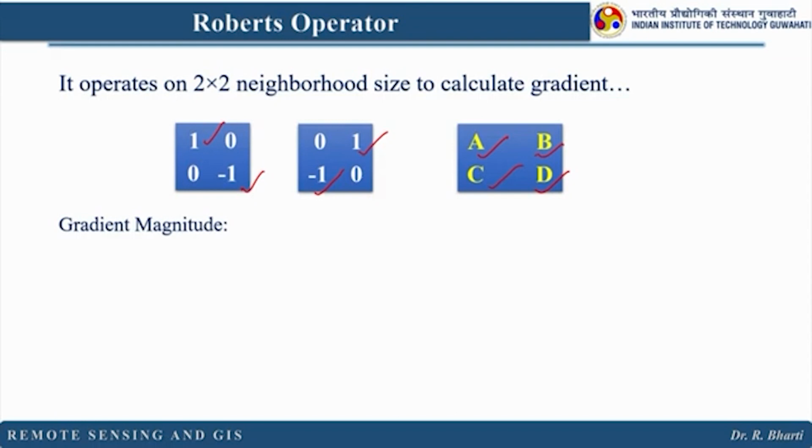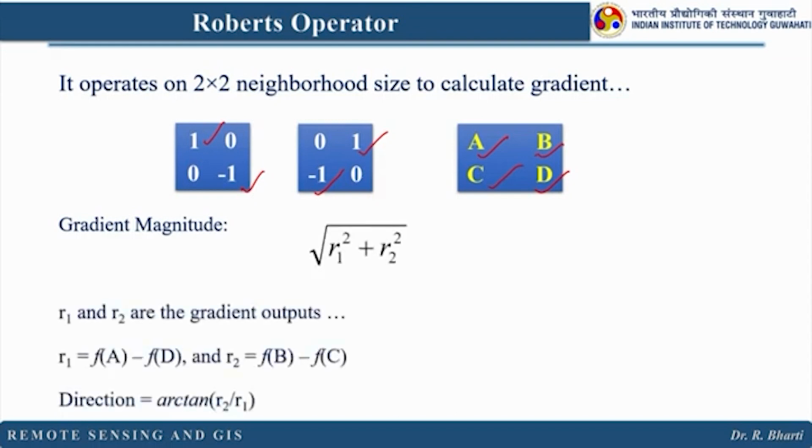If you want to calculate the magnitude, you can use this, where R1 and R2 are the gradient outputs, right. R1 is function of A minus function of D, and R2 is function of B minus function of C, and the direction you can calculate using arctan of R2 by R1, right. So this is how we are going to apply the logic.